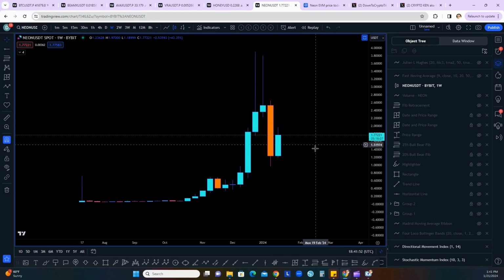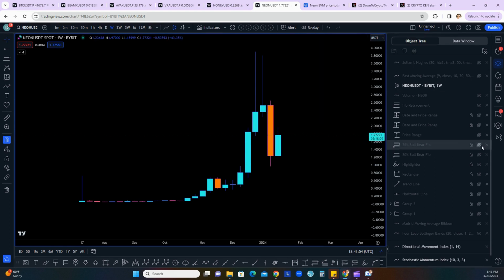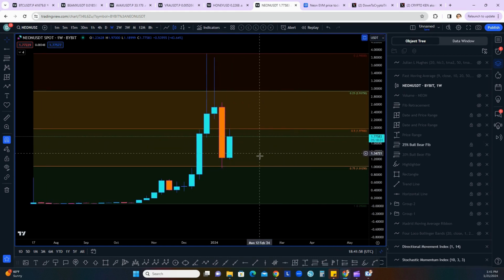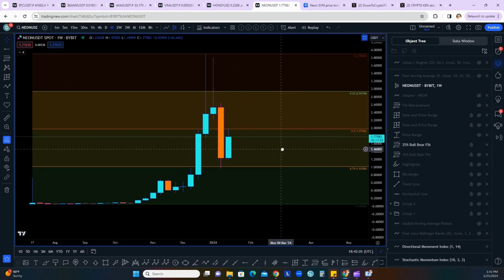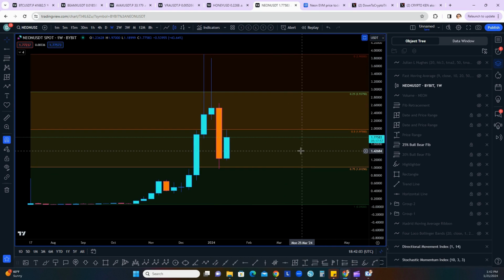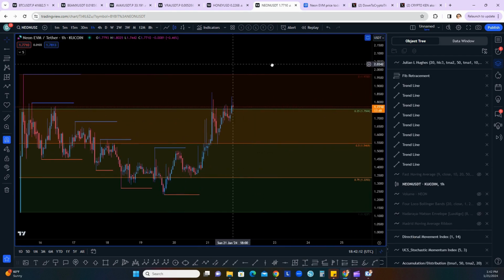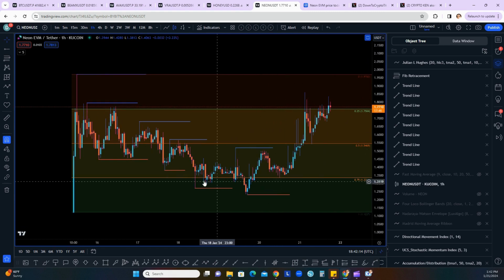Again, the rule of thumb that I have when it comes to buying, this is my 25% bull bear fib that I like to create. And it just breaks it down into 4 quarters. So over here, you can see what we were looking at.